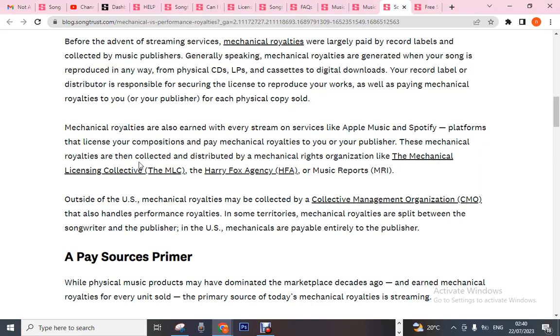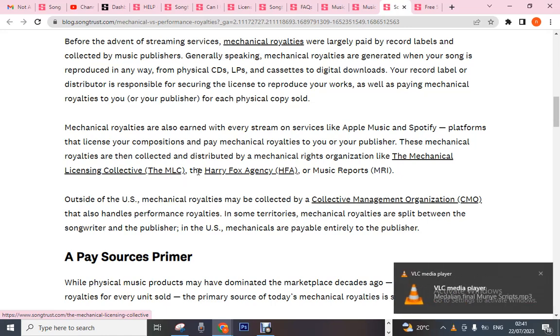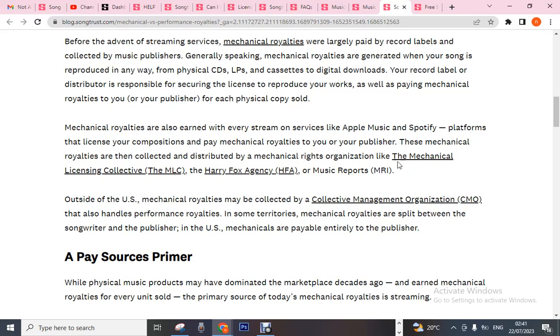These mechanical royalties are then collected and distributed by a mechanical rights organization like the Mechanical Licensing Collective, that is MLC, the Harry Fox Agency, HFA, or Music Reports.